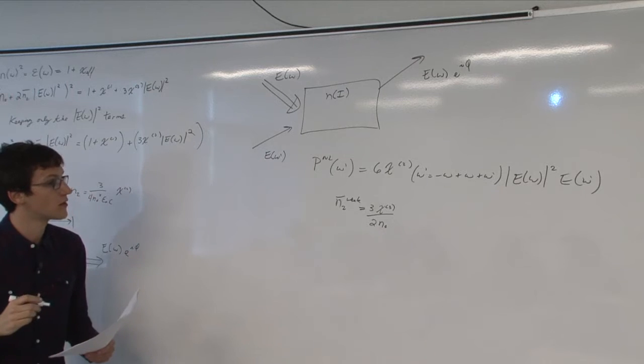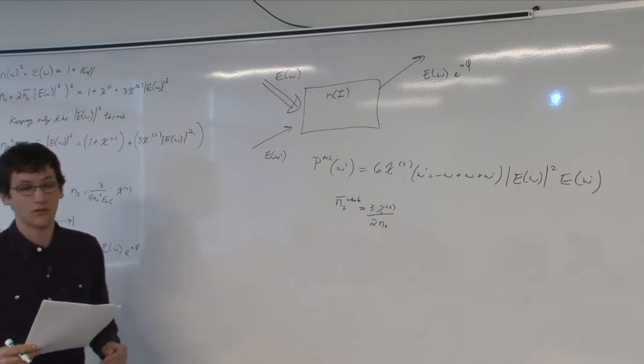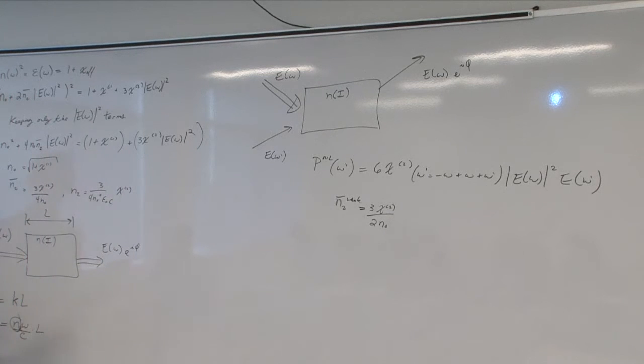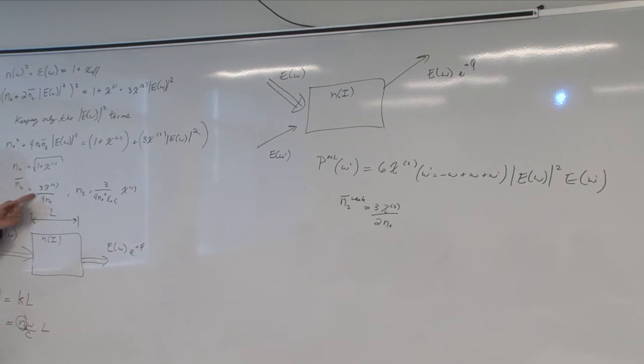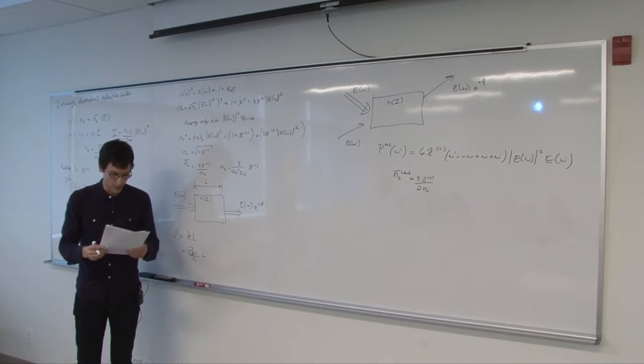There was a mistake here. And so you find that n2 is twice as large as the n2 you would get when you have only one beam propagating in the medium.